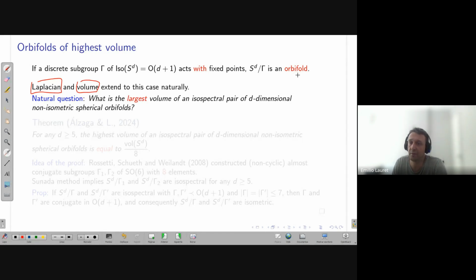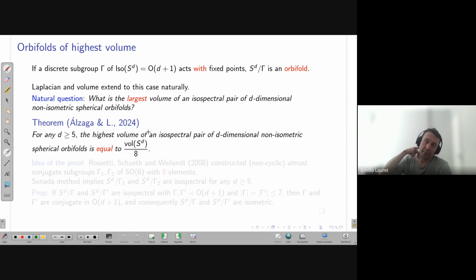The main difference is that there are many more orbifolds than manifolds. Why? Because the condition of acting without fixed points is very strong. The spherical space forms are not as many as the groups acting by isometries on the spheres. So the question will be: what is the largest volume among isospectral spherical orbifolds?